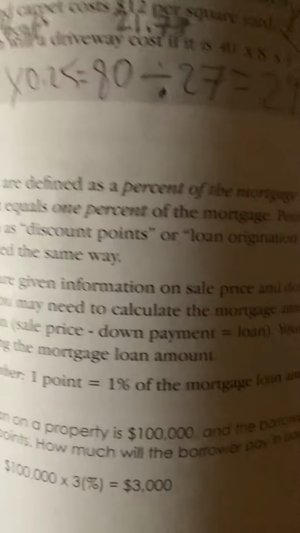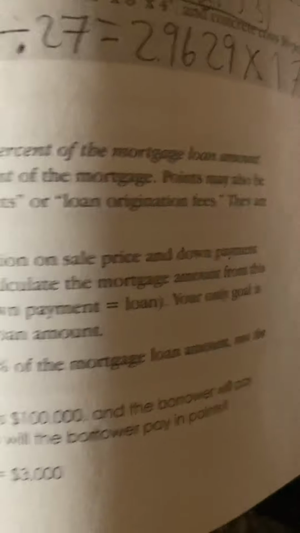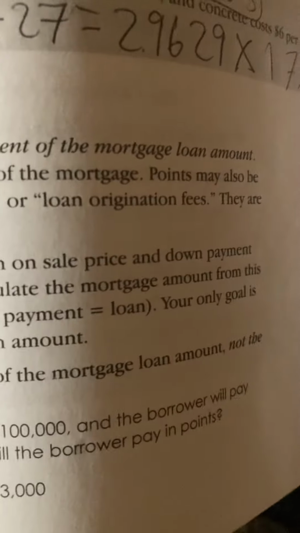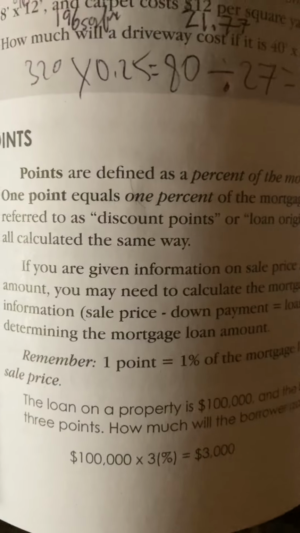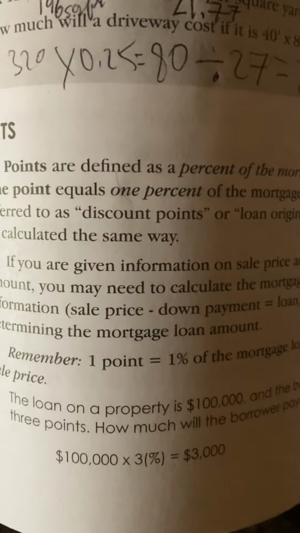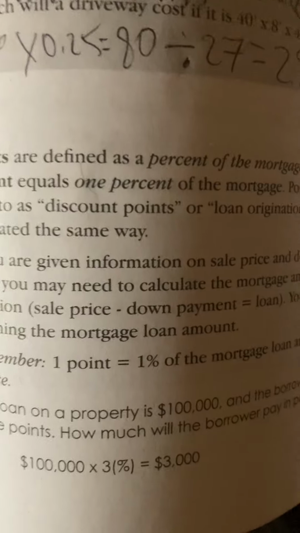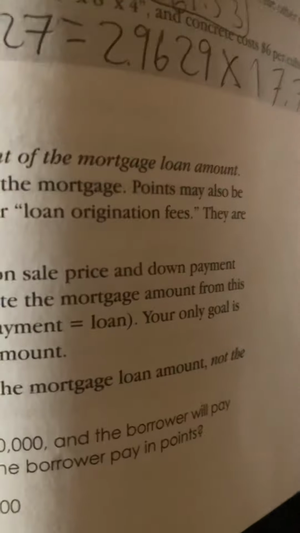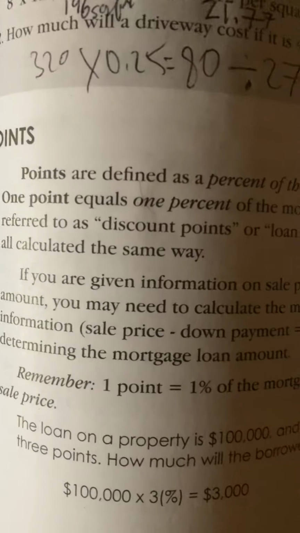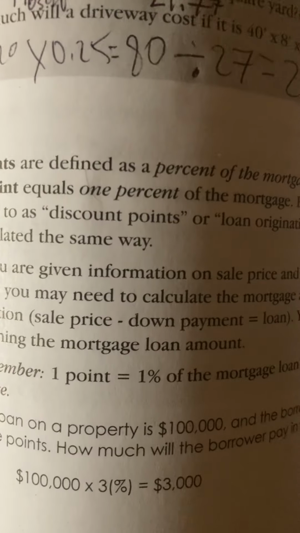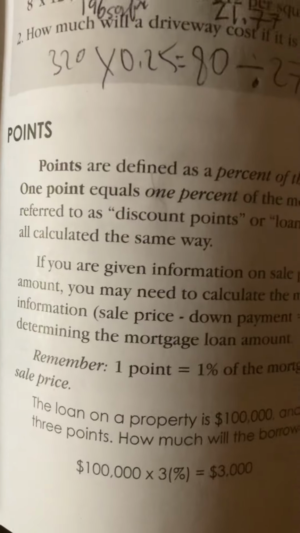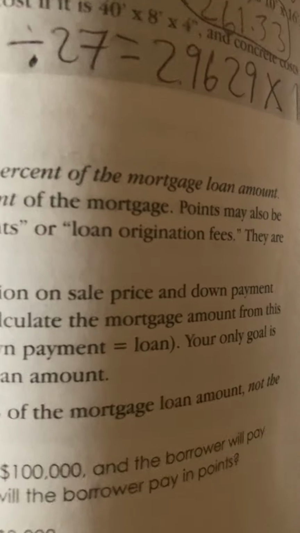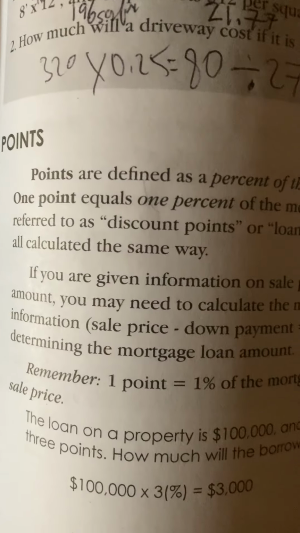If you are given information on sale price and down payment amount, you may need to calculate the mortgage amount from this information. You take your sale price, you minus your down payment, that equals your loan. Your only goal is determining the mortgage loan amount. Remember, 1 point equals 1% of the mortgage loan amount, not the sale price.